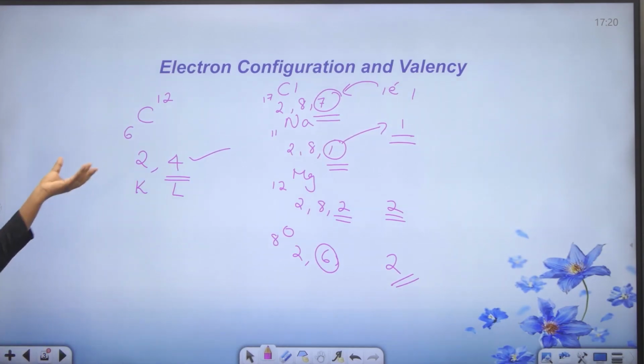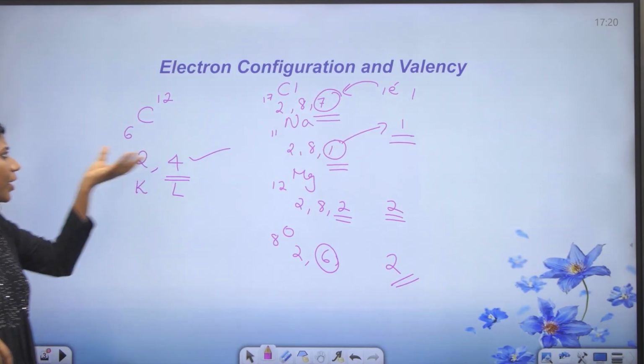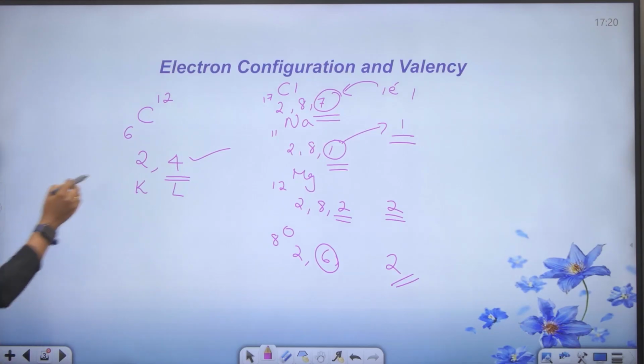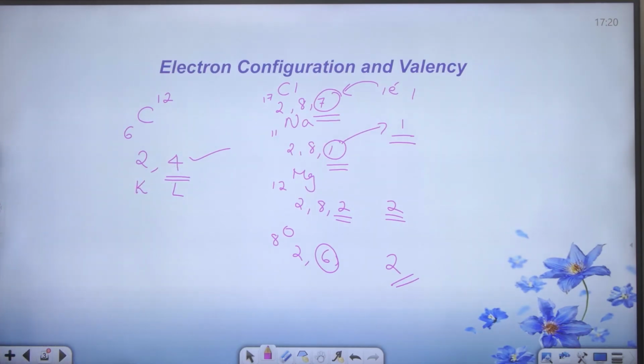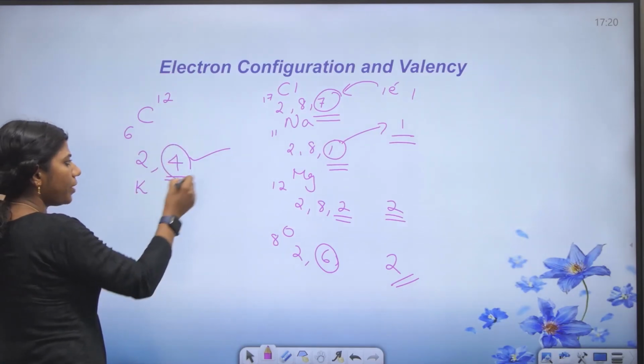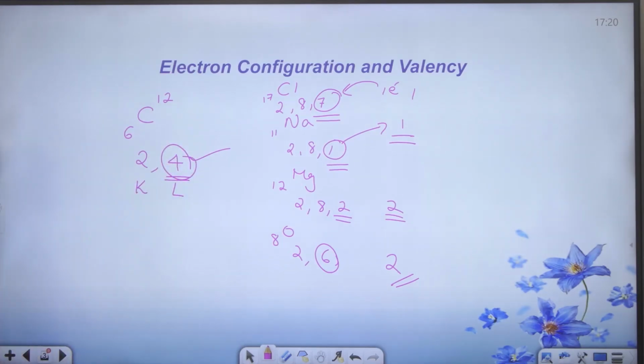Here we are discussing the carbon atom. Electronic configuration of carbon is 2, 4. Valence electrons are 4. Valency of carbon atom means how many electrons are required to complete its octet. Carbon atom requires 4 more electrons to complete the octet.